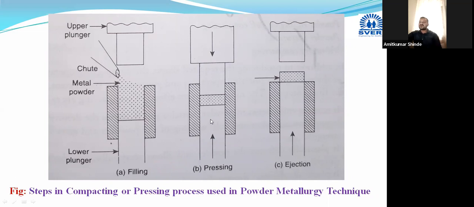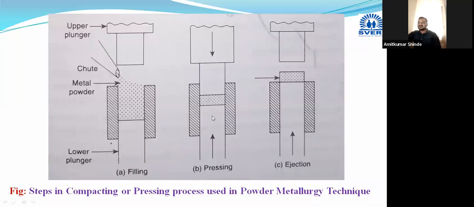We have to avoid very low pressures as well as very high pressures. If we use very low pressures, the powder particles will remain loosely attached, or that component will become fragile. After completion of this process, powder particles may get detached from this component.